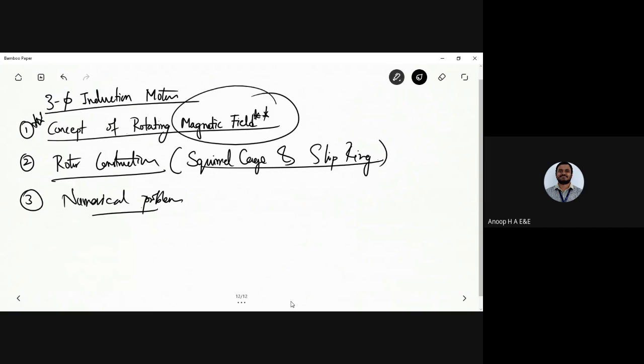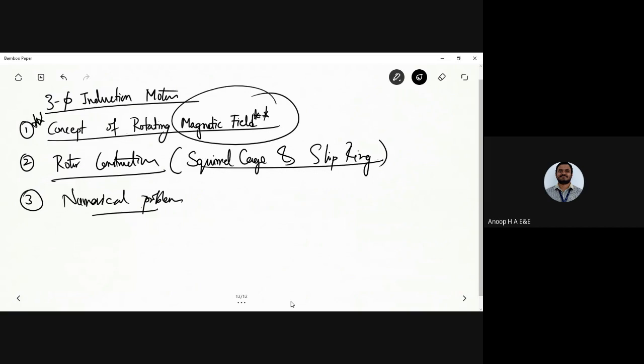Explain with the help of a vector diagram the concept of rotating magnetic field in case of a three-phase induction motor. Next we have got the rotor construction, that is squirrel cage and slip ring rotor construction.